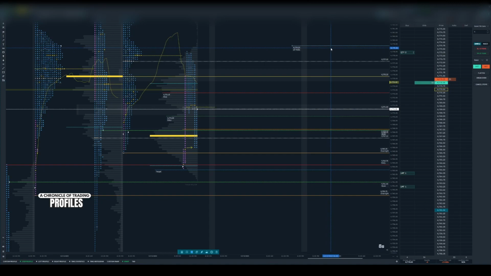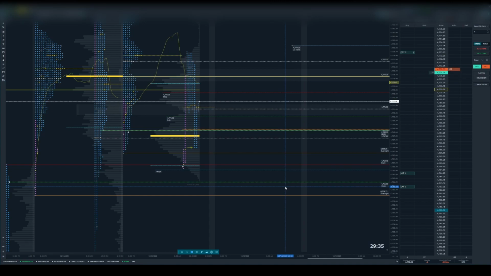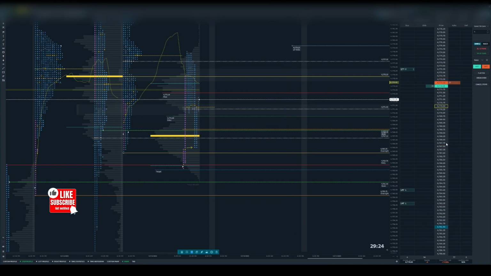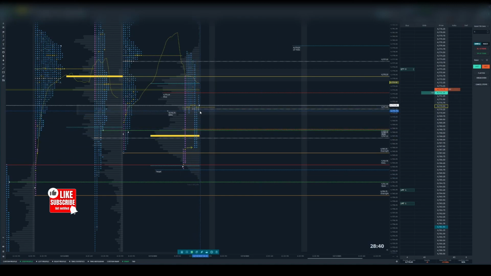And there I entered my second contract. Here's the I open. That bounces up into that upper node and you'll see it get rejected out of there. It actually got closer to my stop than I thought it did when I was actually doing it. But you can see it get rejected right here.